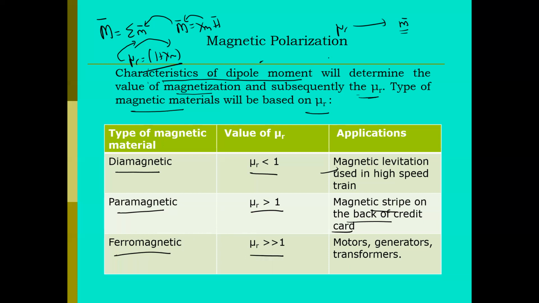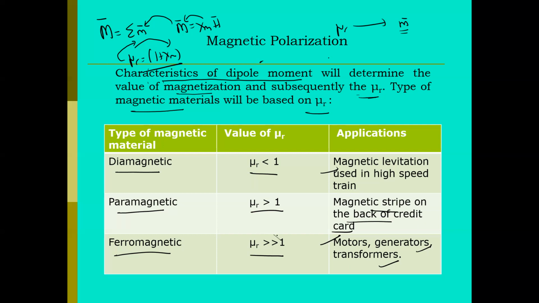And the application of ferromagnetic is normally in your motors, your generators, and your transformers, whereby the need to produce a very high value of magnetic flux is applied in these particular applications.